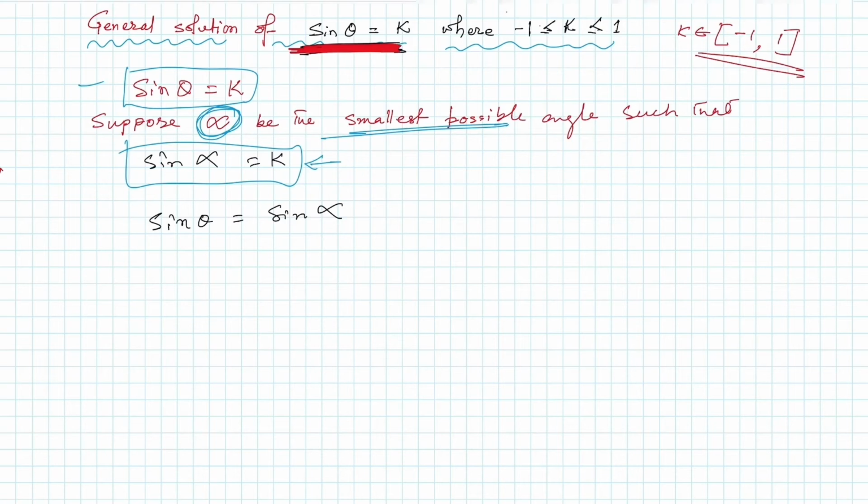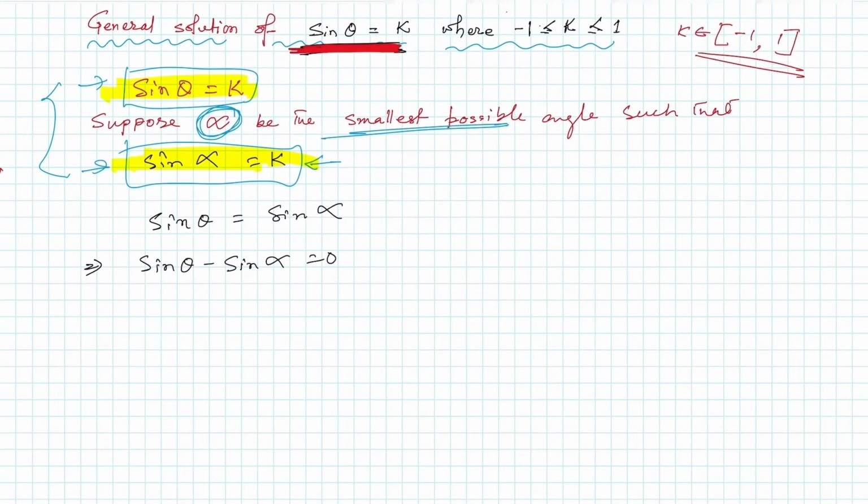So comparing these two equations, sine theta is equal to k and sine alpha is equal to k, we can write sine theta is equal to sine alpha. Then it implies sine theta minus sine alpha is equal to 0.